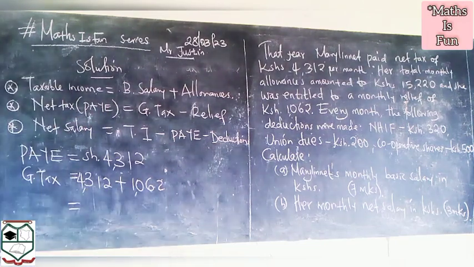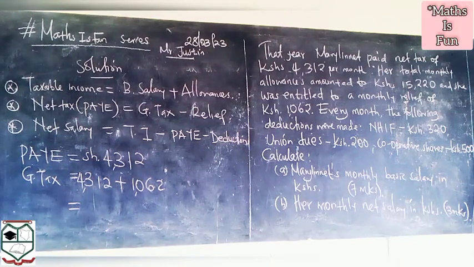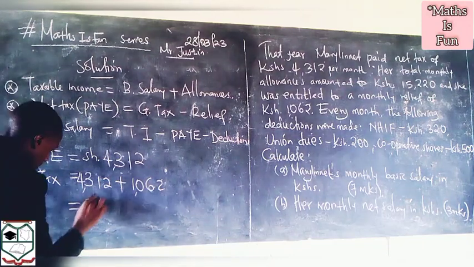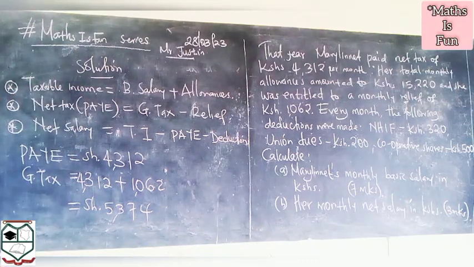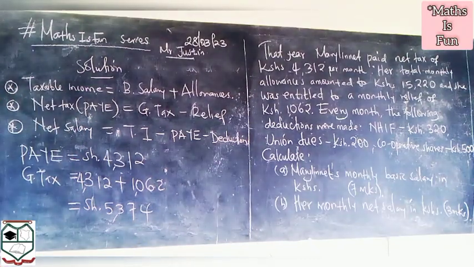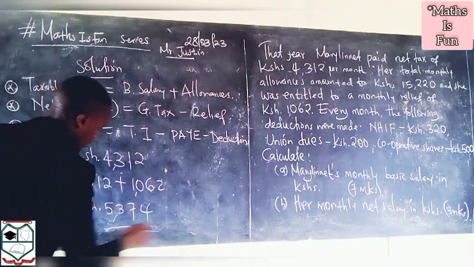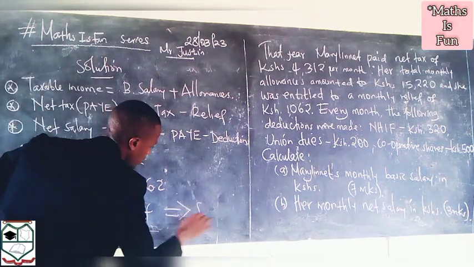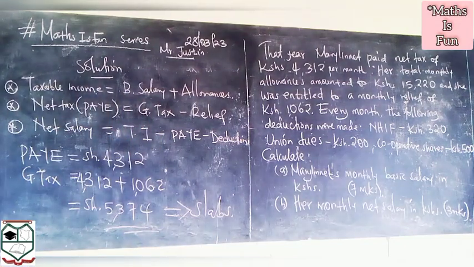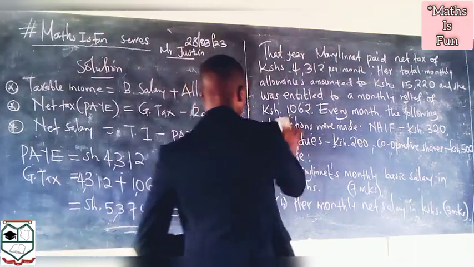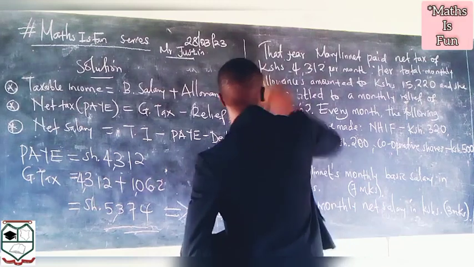So when you do that, you get 4312 plus 1062, which is 5374. This is what we should be obtaining from the slabs, the slabs that are given in the taxable income table having those rates.